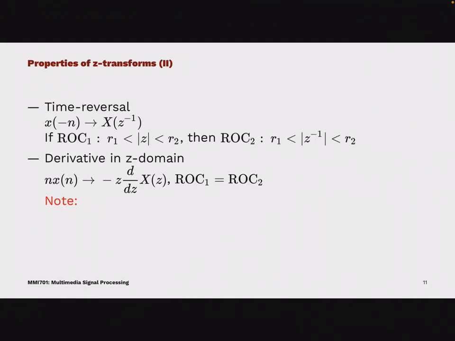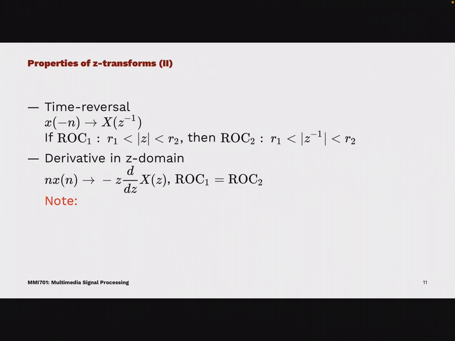Then another property is time reversal. So if you get the mirror image of your signal with respect to the time origin, n equals 0, then the Z transform will be the mirror polynomial of your signal. That is the same polynomial coefficients, but the term is not z anymore, it's z to the power minus 1. So you substitute z to the power minus 1 everywhere you see z in that case.